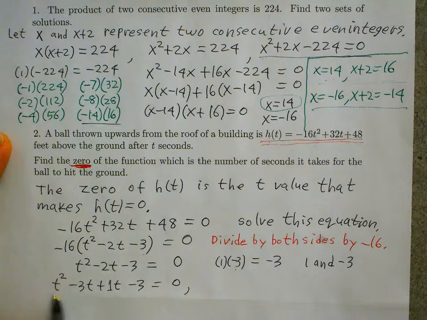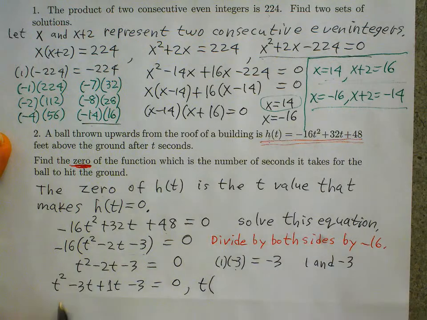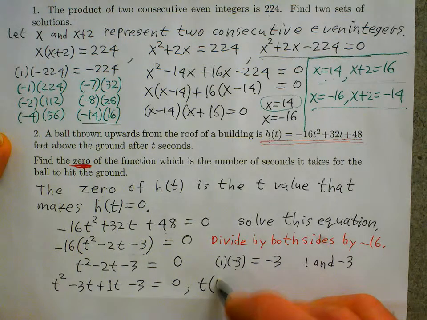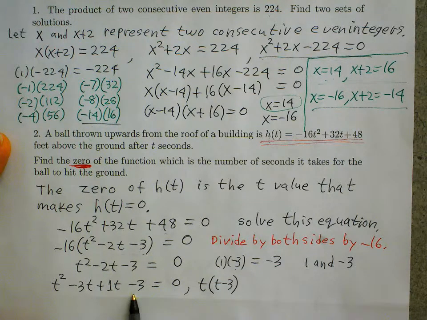Out of the first two terms, t to the second minus 3t, the greatest common factor is t, and then the binomial is t minus 3. Out of the third and fourth terms, we can factor out 1.